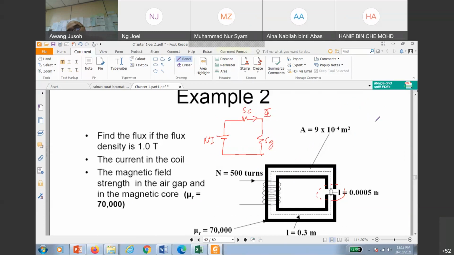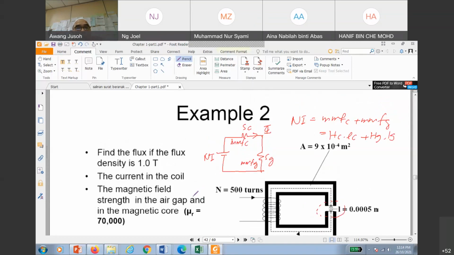You can also put the MMF here, MMF C and MMF G. So total MMF equals MMF C plus MMF G. So Ni equals MMF C plus MMF G. This can be HL multiplied by LC plus HG multiplied by LG. That's it. Because this is a series circuit, but we now have two media, the core medium and the air gap medium.